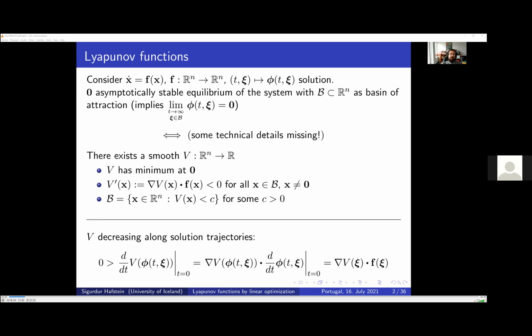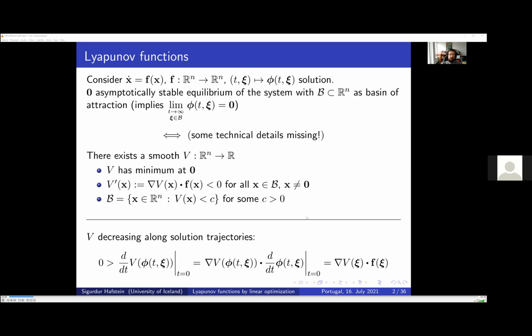Equivalent to the system having an asymptotically stable equilibrium at the origin, with basin of attraction B, is that there exists a smooth function V from the state space to the real numbers. This function has a minimum at the equilibrium point at the origin, and the so-called orbital derivative of V, here given by the gradient of V at x dot product with f of x, is less than 0 at all points in the basin of attraction, except for the equilibrium point at the origin.